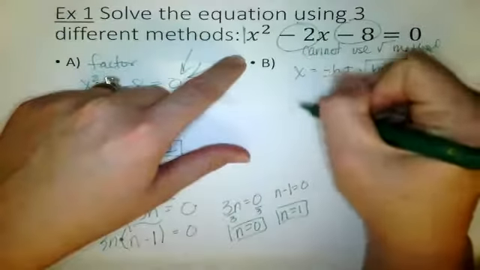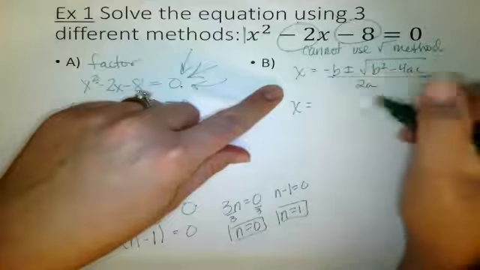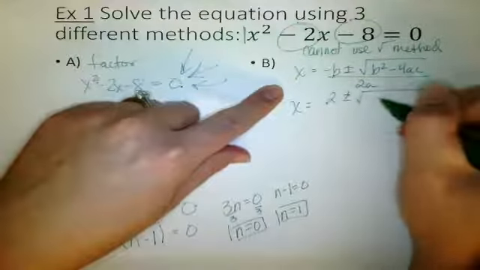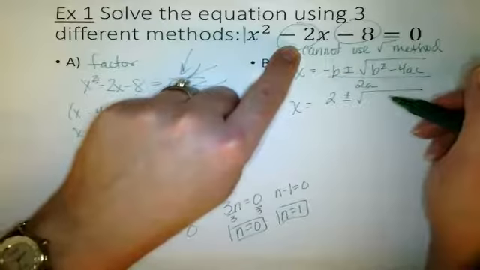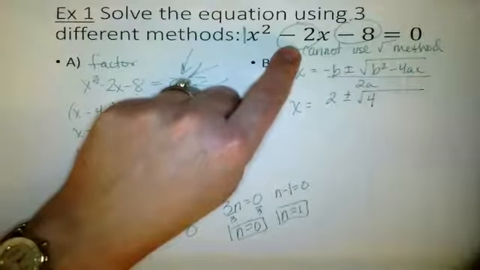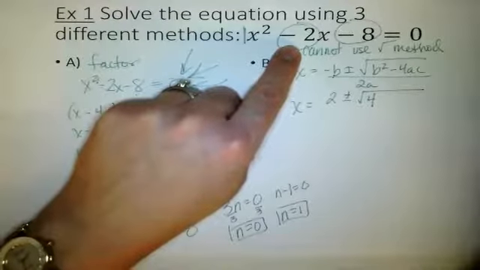And so using the quadratic formula, what's my opposite of b? Positive 2 plus or minus the square root of b squared, which will always give you a positive result. Do not be confused by the calculator when you type it in wrong and it therefore gives you the wrong answer. Okay?